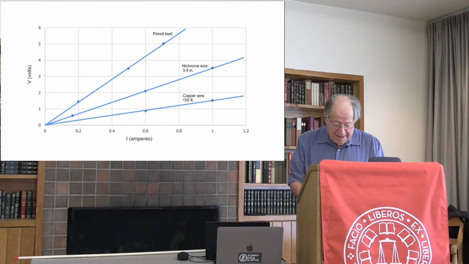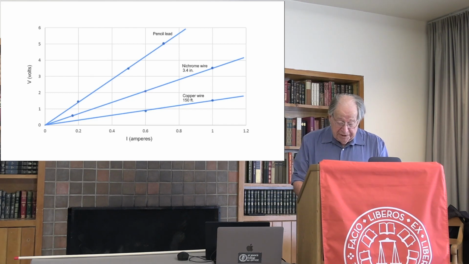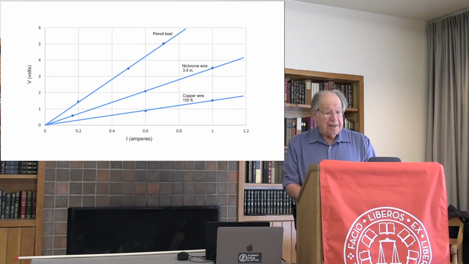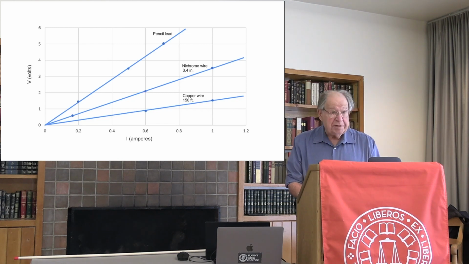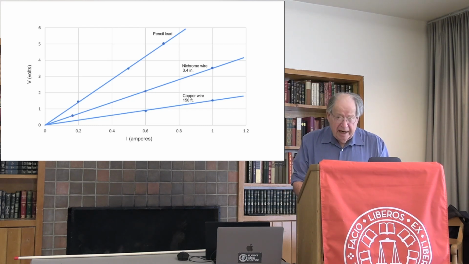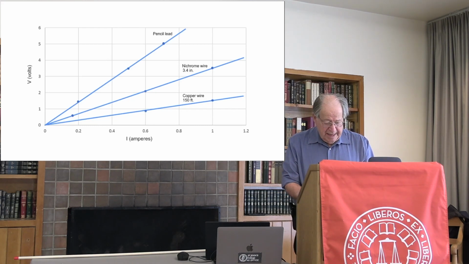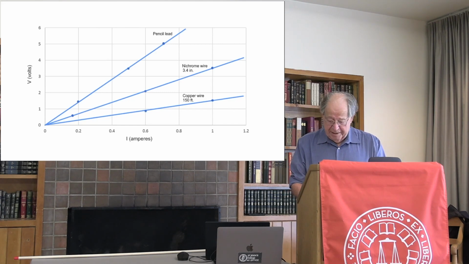As before, the slope measures the resistance of the sample, and note that even an excellent conductor like copper has some resistance. No conductor is perfect. Conductors and resistors are not different species. They are all conductors. They differ only in degree.